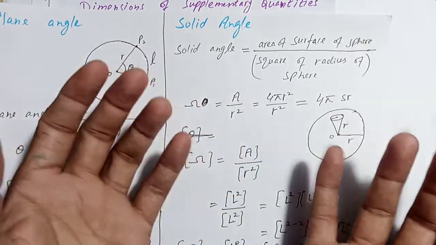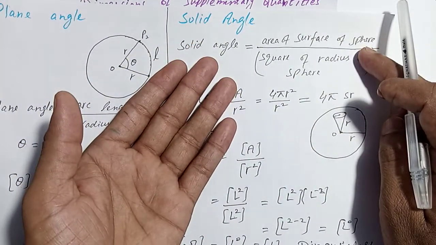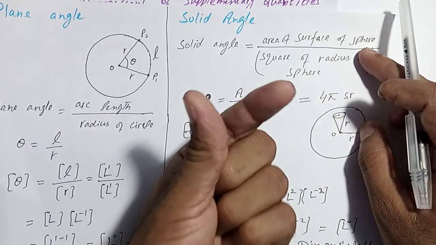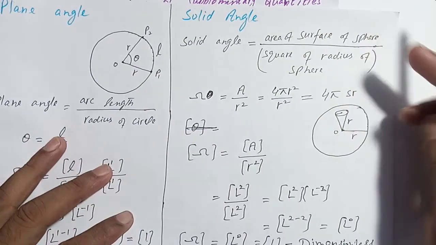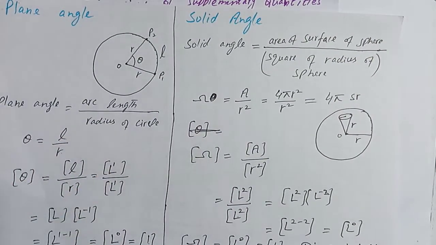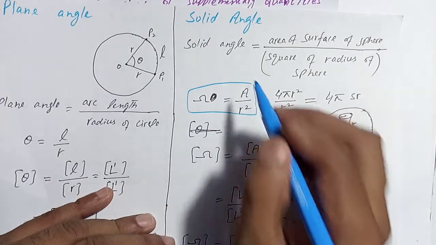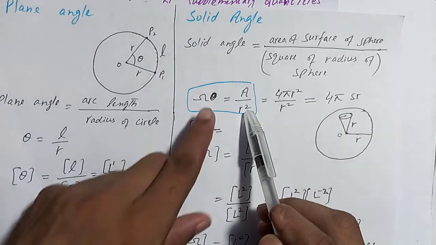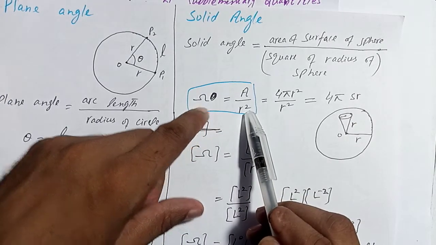If we include greater area of the sphere, we will have a larger solid angle. If we take a small area of the surface of the sphere, then the value of the solid angle will be small. So mathematically, its symbol is sigma, and sigma is equal to A over r square.